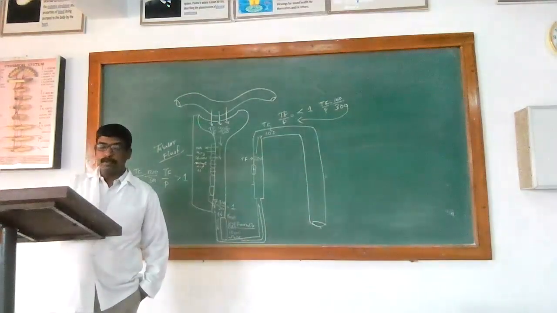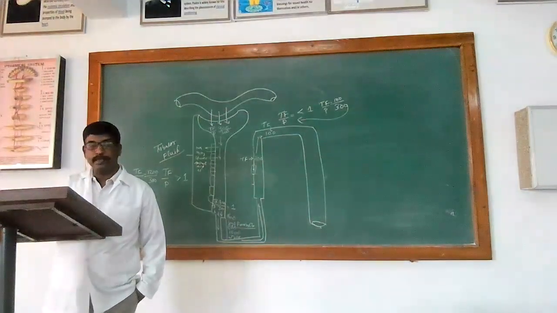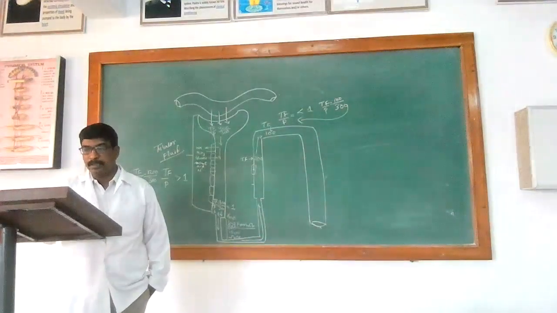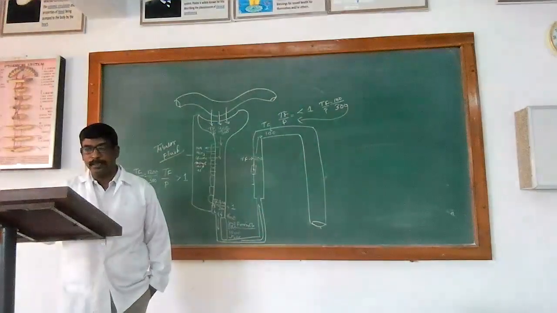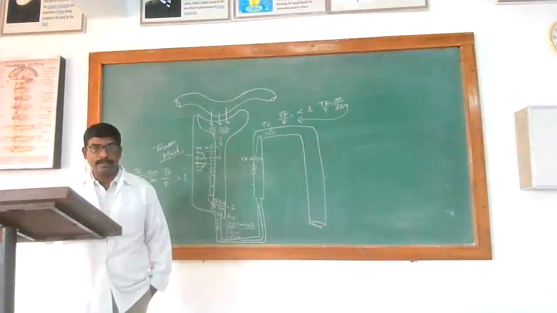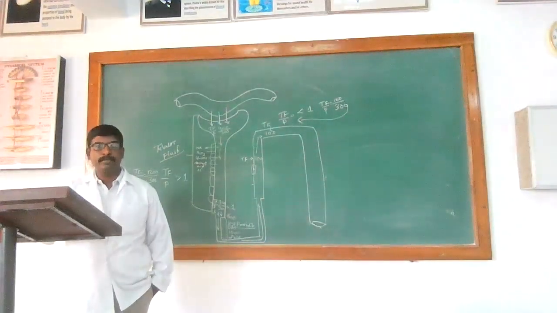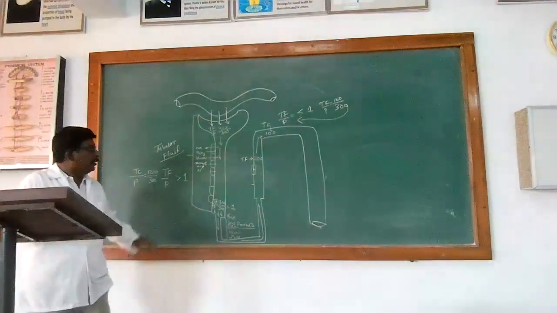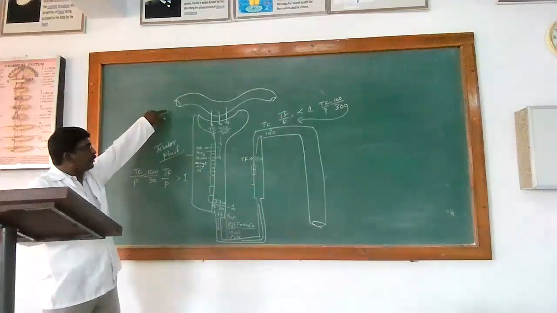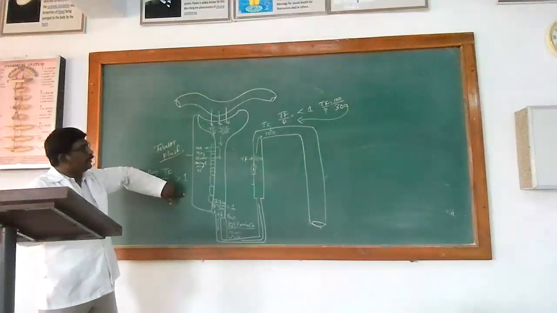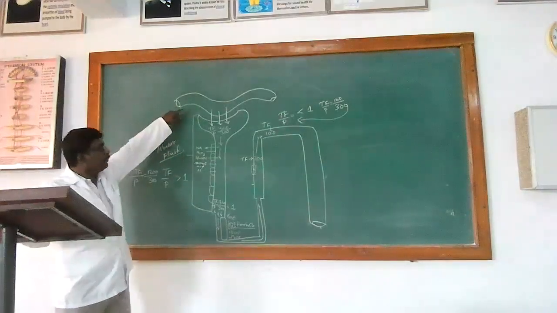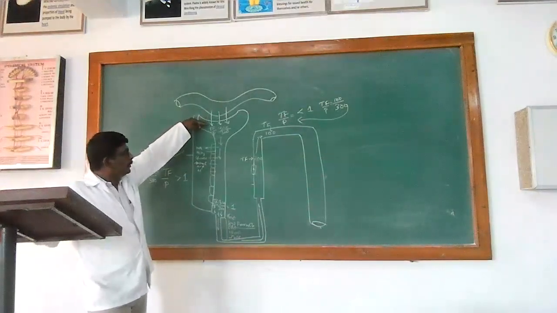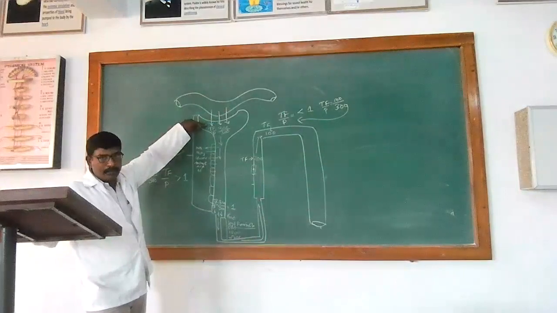Now, let us recall yesterday's lecture. In that we discussed the tubular fluid osmolarity, the plasma osmolarity, and the role of ADH. Here I have drawn one nephron, and here you can see the glomerulus, and whatever is filtered comes into the Bowman's capsule.